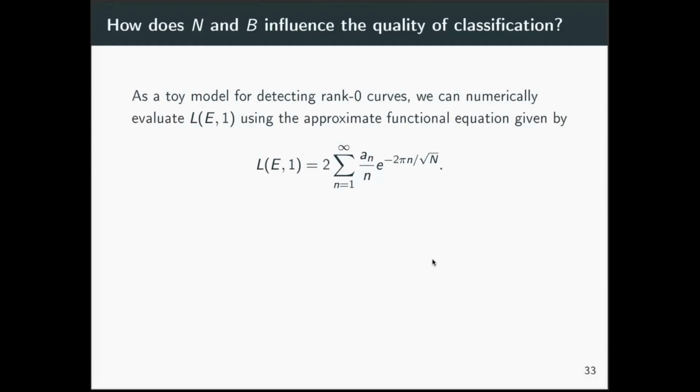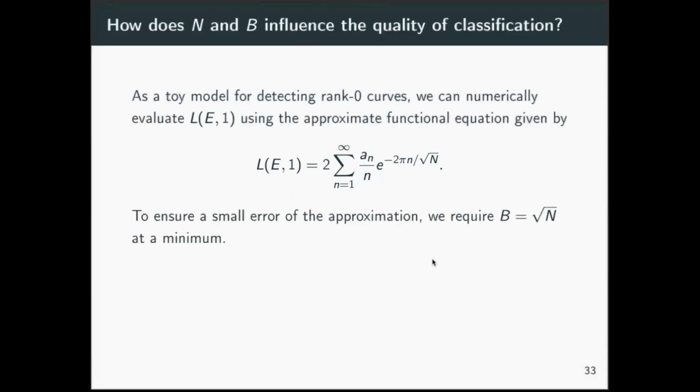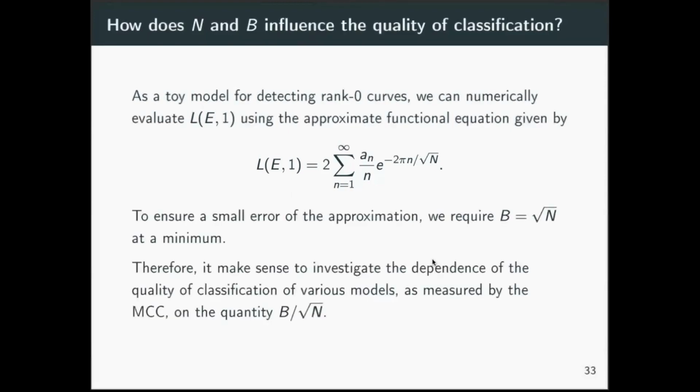So this suggests that if we want to understand the quality of this classification related to these two quantities B and N, then maybe we should look at how the quality depends on the expression B divided by the square root of N. For this experiment, we did not generate new data.